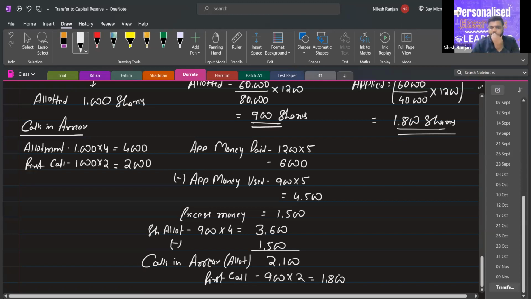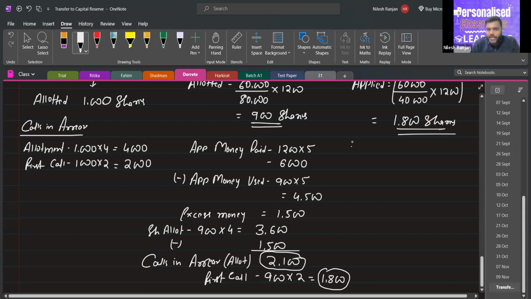Is this clear? So calls in arrears on allotment for second category is 2,100, and 1,800 for first call.